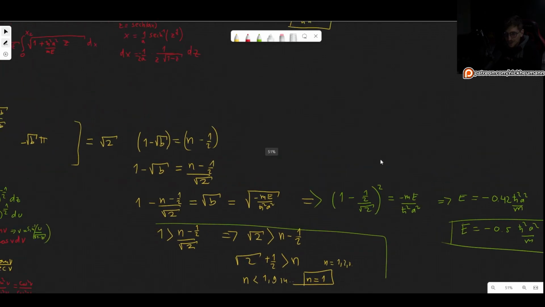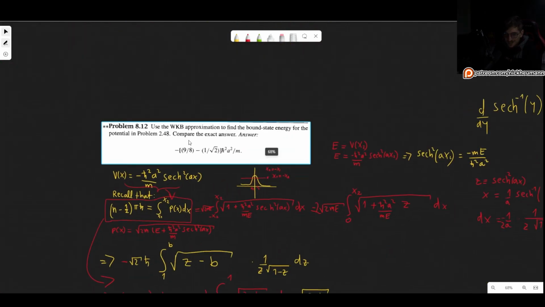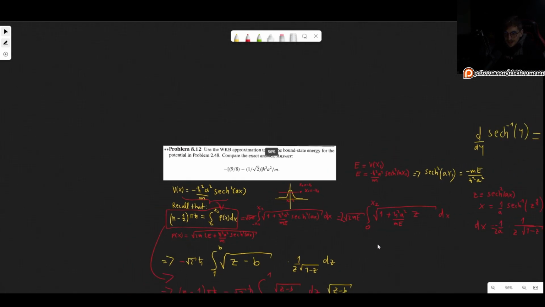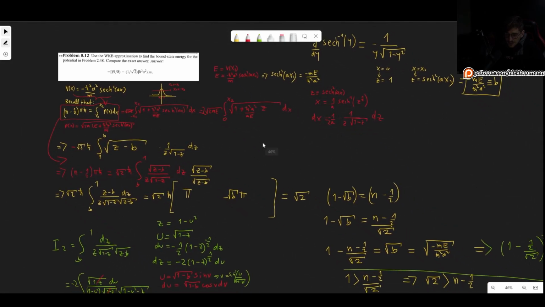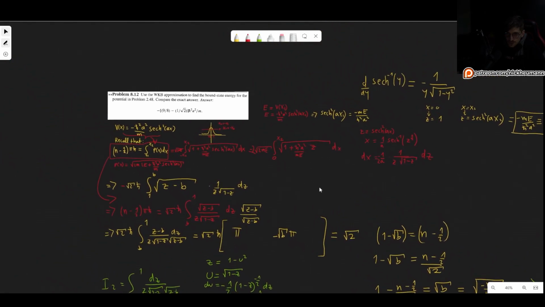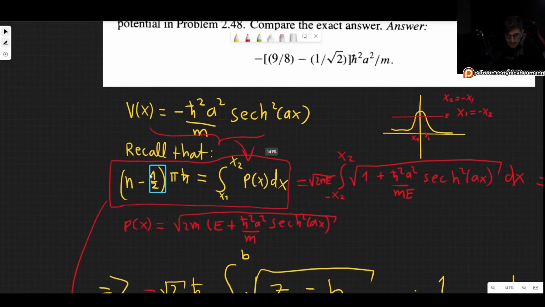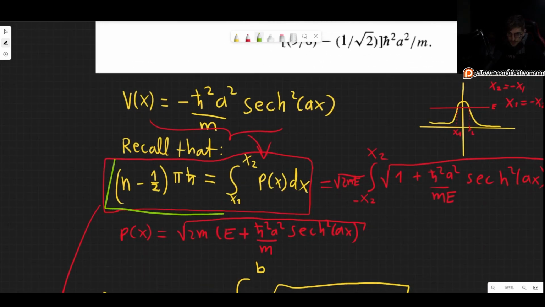So there we go. This was problem 8.12. Honestly, the difficult thing here was just solving the integrals, but the procedure itself is pretty simple. It is just use this equation, solve the integral and plug it in.